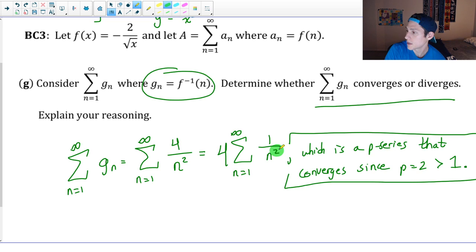Right, so since our value of p here was greater than 1, then it will converge.